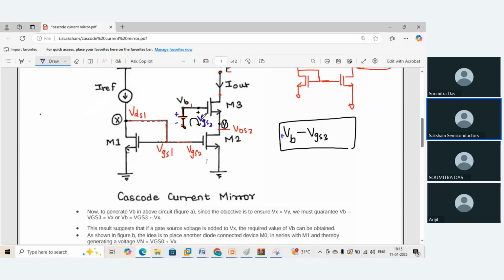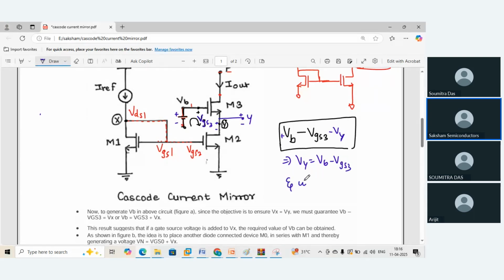Plus VB minus VGS3, and Vy will be here, plus minus. If I consider this as node Y, it will be like this, right? So if I apply KVL over here, it will be minus Vy. So ultimately, that means Vy is equal to Vb minus VGS3.